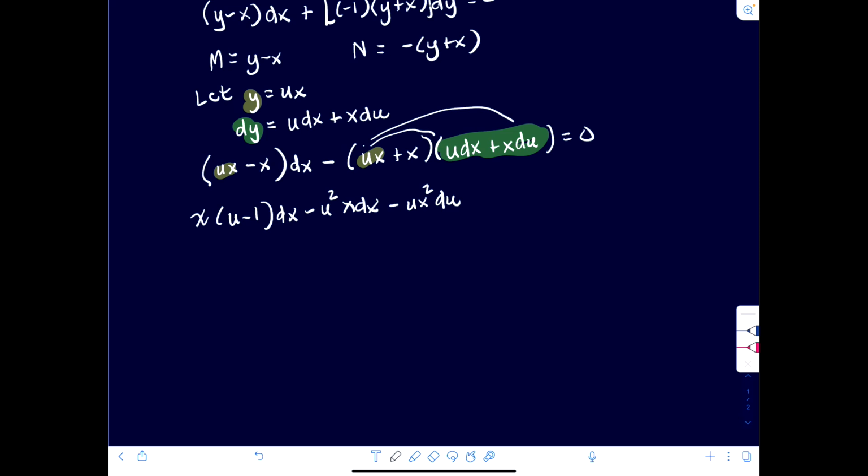Doing the inside, we will have minus u times x dx, and another minus from that outside negative gives us x squared du, all equal to 0.